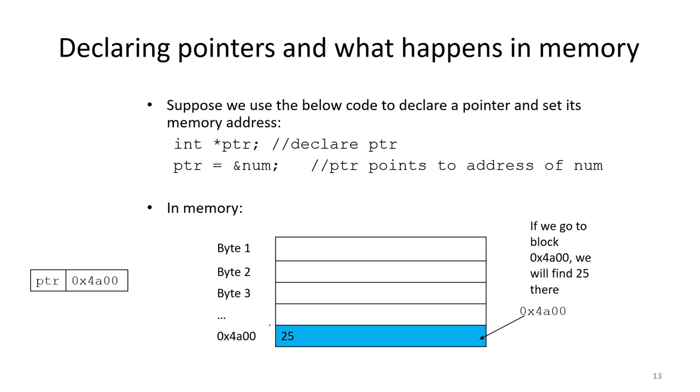So what happens when we declare a pointer in the memory? If we take a look at this code that we looked at earlier, here I've declared an int type pointer named ptr. ptr can store the memory address of an int variable.